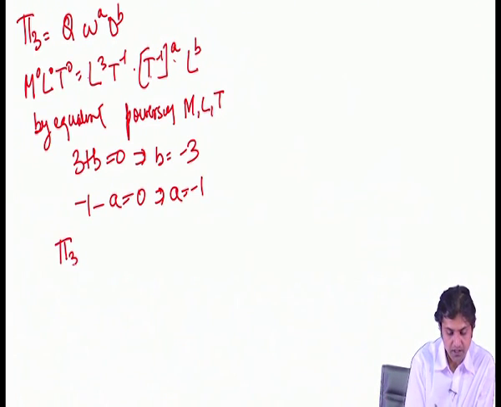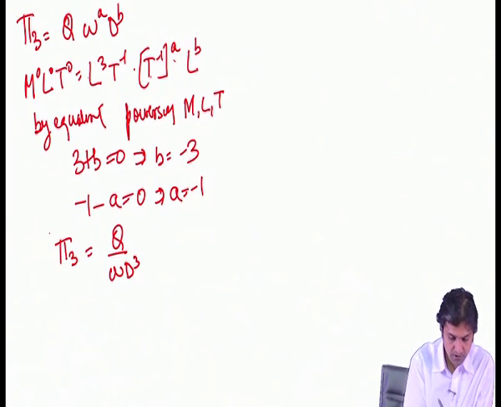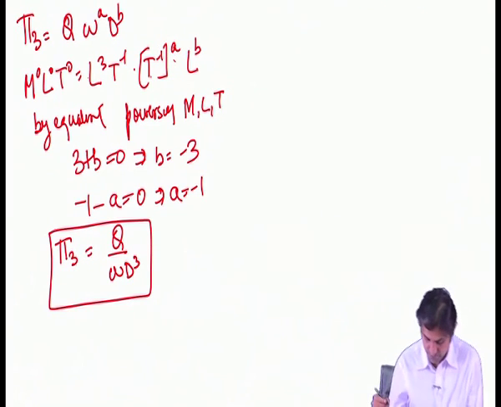Therefore, the third pi term is going to be q by omega d cube. All right.